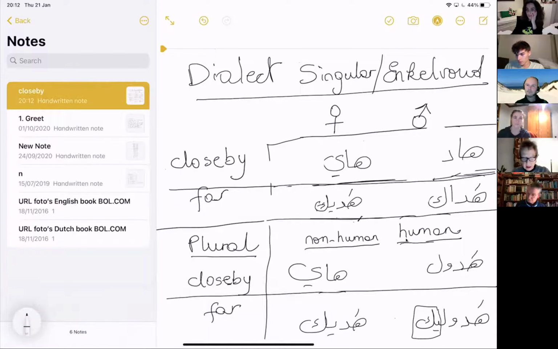Okay, so again, let's do examples. This pen, do you know how to say pen? Qalam. This pen: هاد القلم. Had el qalam. صح. This table, طاولة, is feminine.